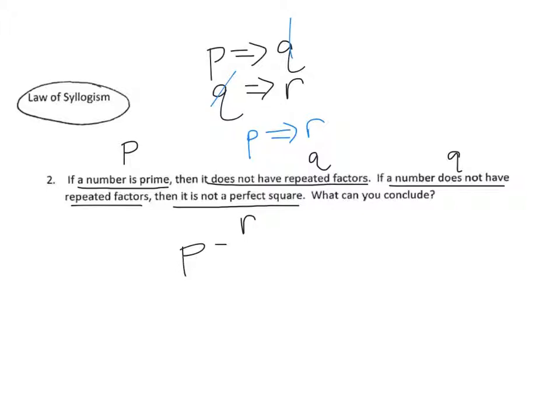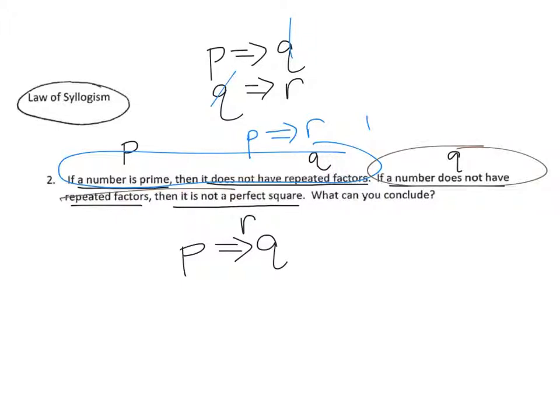Well, we have that P implies Q is true in the first statement right here. And then we have Q implies R is true in the second statement right here. So now let's get rid of the Q in the sentence.